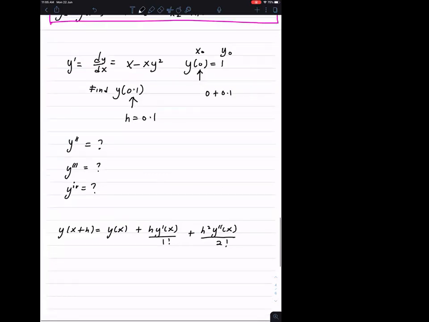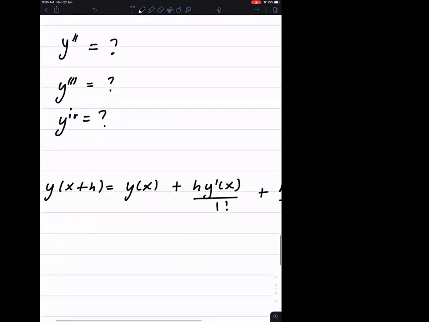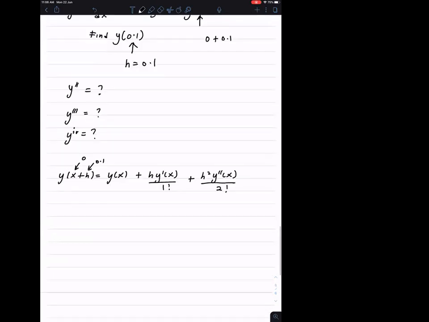So this is 0, this is 0.1, and this is 0, correct? So you have to build this plus h cubed over 3 factorial, plus h to the power of 4 times the fourth derivative.